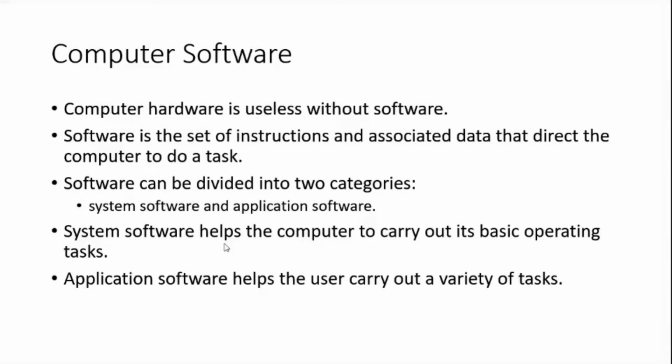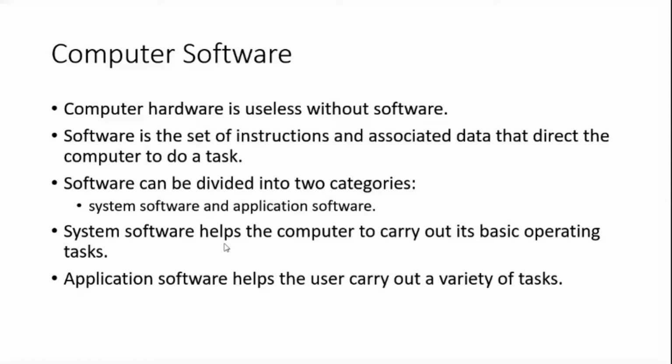Without a specific application software, you cannot do that specific task, but you can do all other tasks. If your system is not installed with, say, Microsoft Word, you may not be able to create Word documents. That is the only thing. But you can do all other tasks.